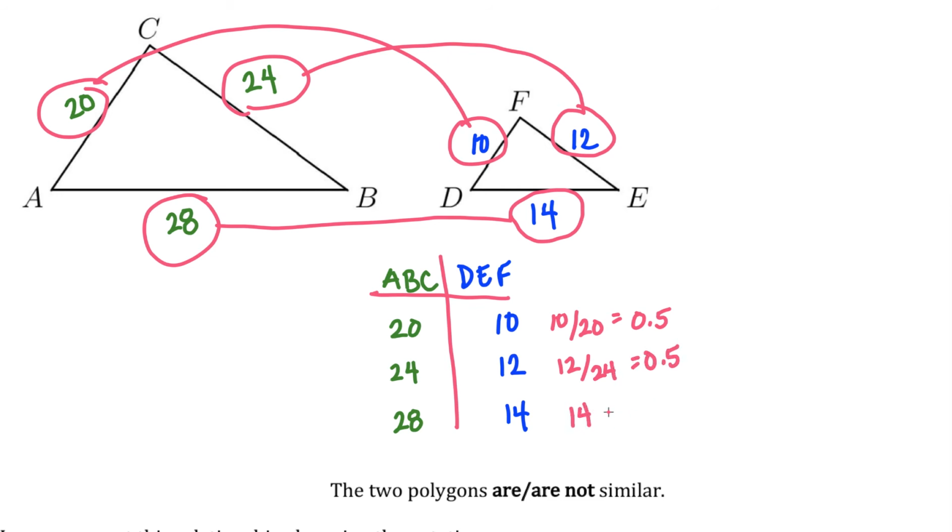And 14 divided by 28 is 0.5. Remember, we're trying to figure out what we're multiplying by here, and in order to do that, we divide going backwards. So that's times 0.5, times 0.5, times 0.5. So since they're all multiplied by the same thing, they are similar.